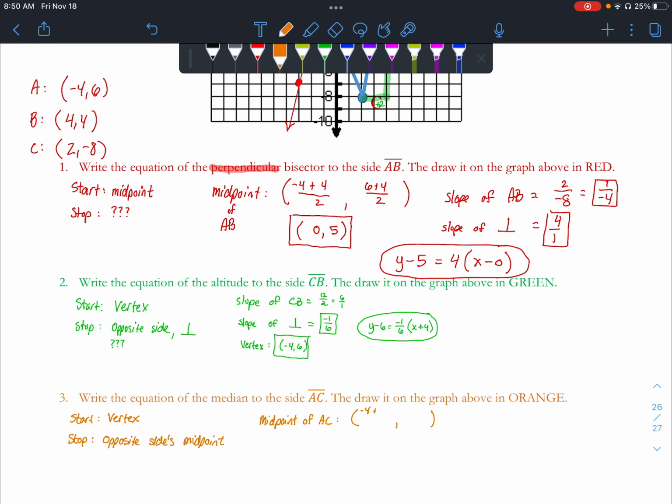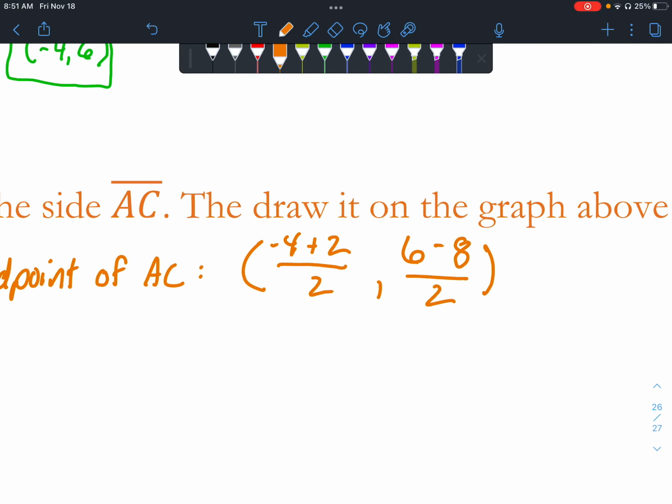C has an x value of 2, divided by 2. A has a y value of 6. C has a y value of -8. Divide those by 2. All right, -4 plus 2 is -2. You end up with -1 here after you divide. 6 minus 8 is also -2, so you end up with another -1 as well.